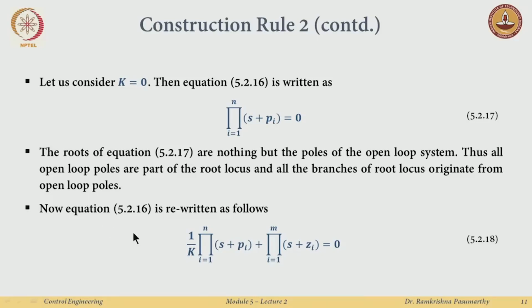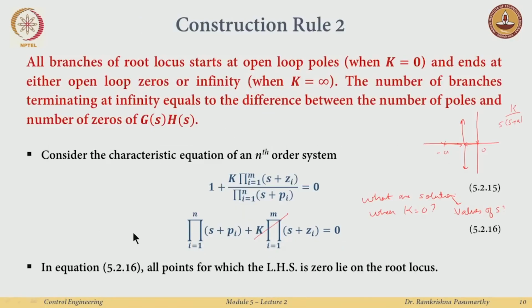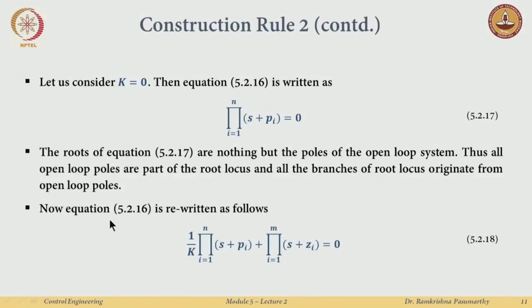What about the zeros? I can rewrite this equation by dividing by k, and I get something like this. Now, what am I looking at? I start from k equal to 0, and I ask another question: what are the solutions, or again values of s, when k goes to infinity?